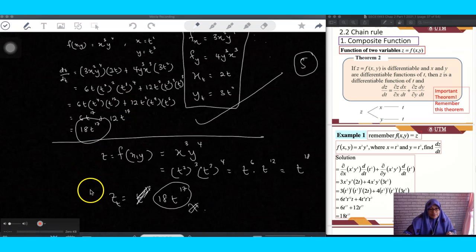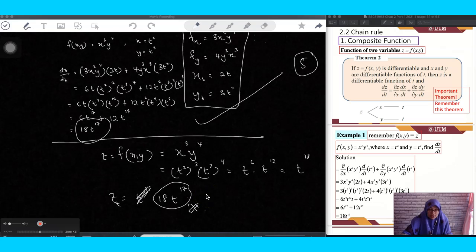But let's say you've forgotten, you don't read the instruction carefully, so you miss the statement of using the chain rule. So you just directly differentiate, but first you substitute all the x and y, and then you use this method.